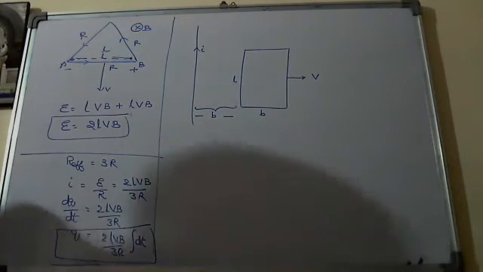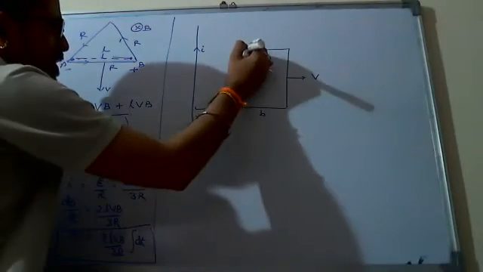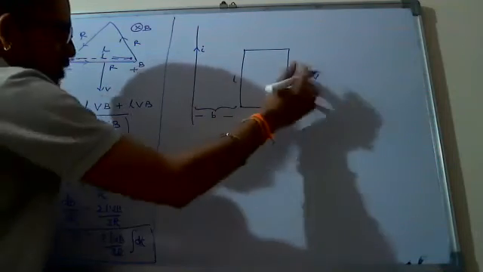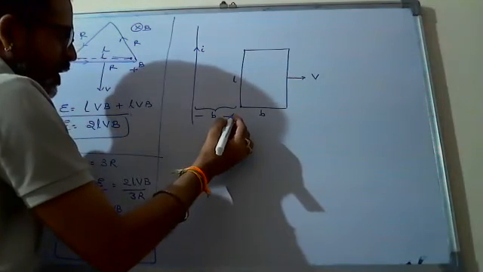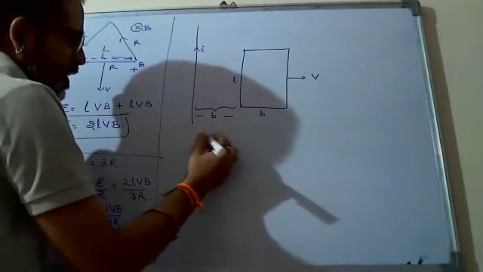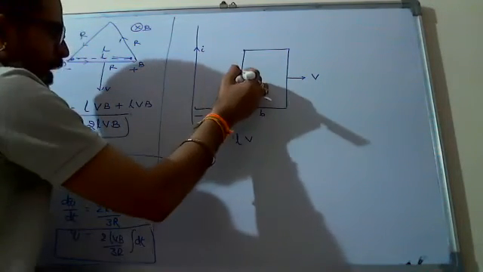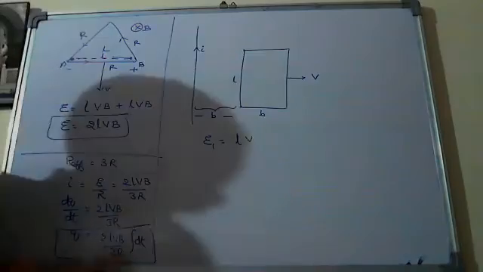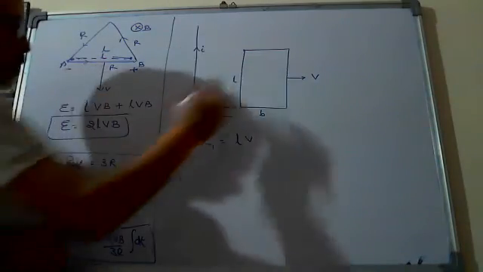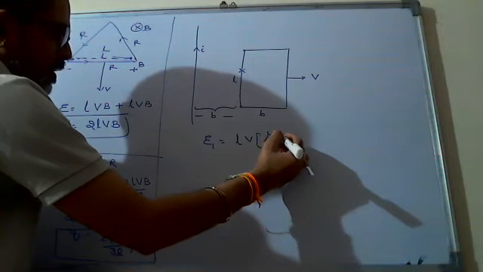If I ask, I think that question will be very easy, Nana. Total EMF induced means here, this is at a distance of B, moving with a velocity V. So EMF induced, motional EMF across this end is E1 is equal to LV, I have to write B at that point, B into. So B at that point due to an infinite straight conductor, what is the formula, Nana?